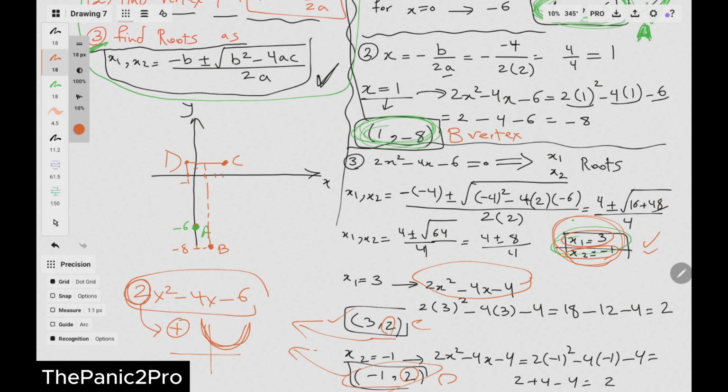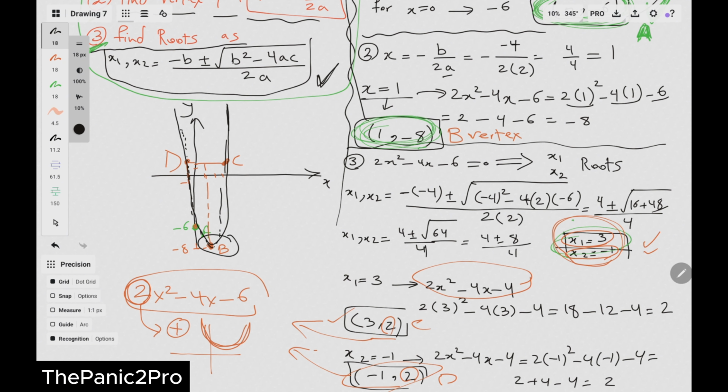I have A, B, C, and D. How can I fit a curve which is upward and passing through all of them? It's going to be something like this. Right? I'm not good at drawing.